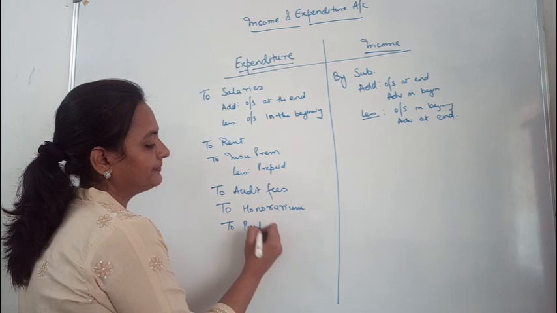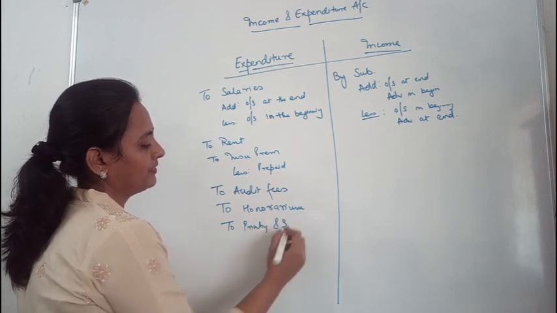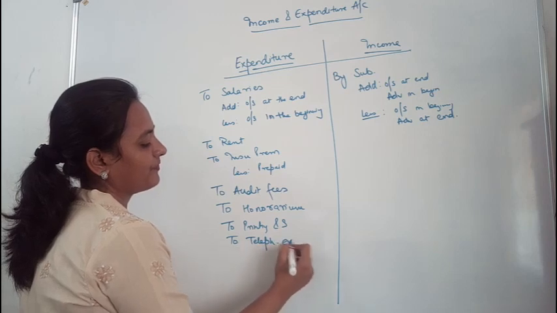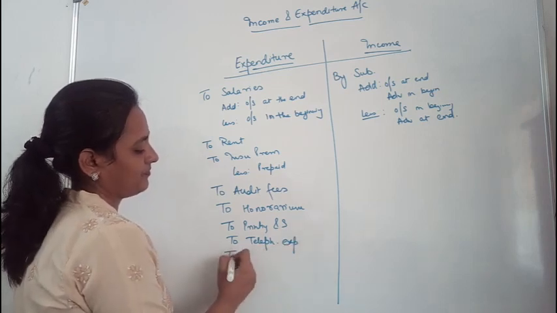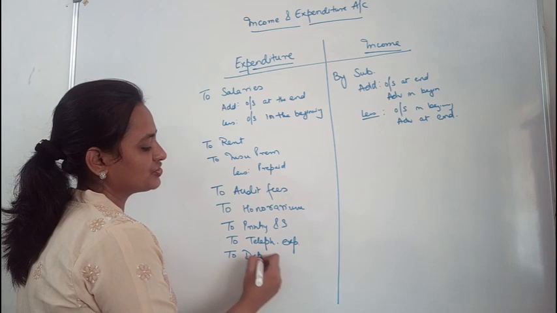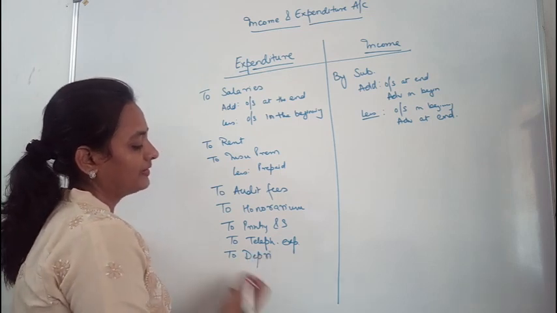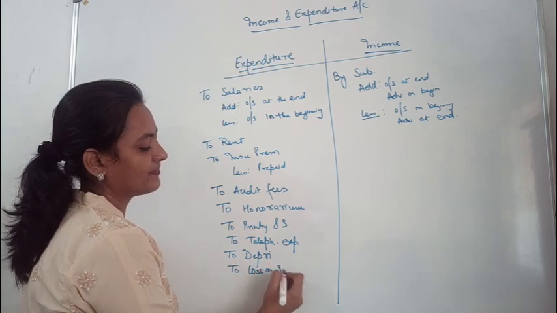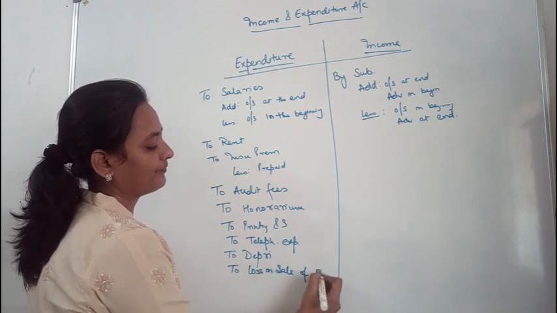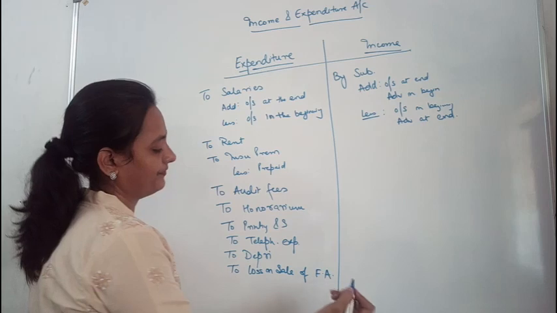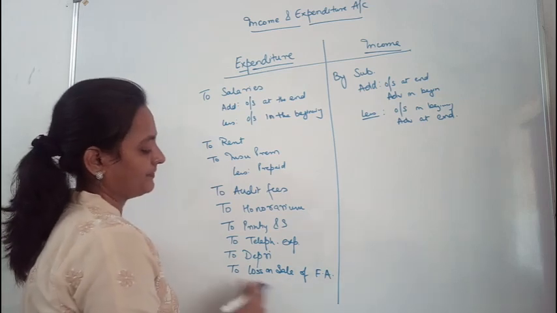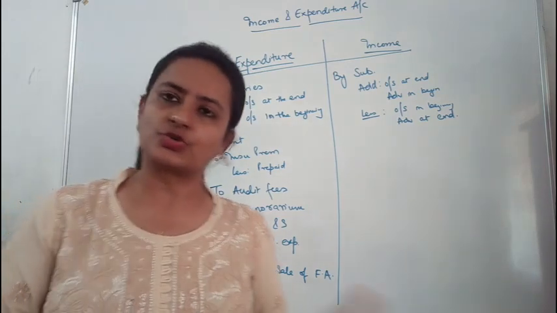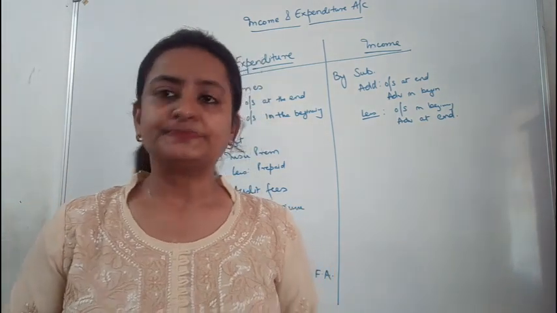Printing and stationery, telephone expense, depreciation, then any loss on sale of fixed asset, and all those other things, basically the items which used to come in the profit and loss account.